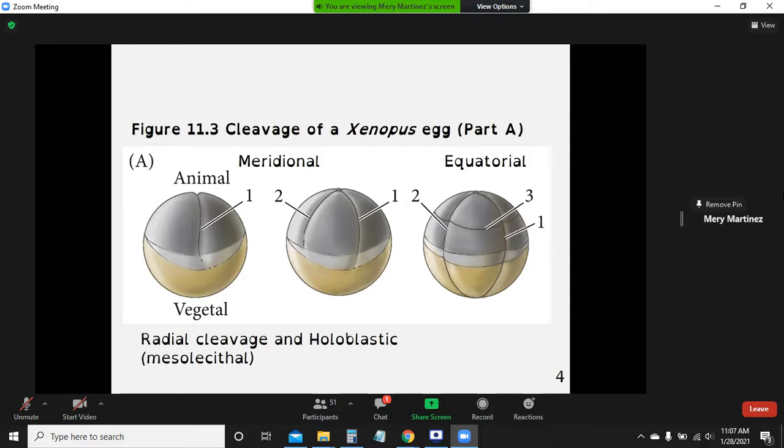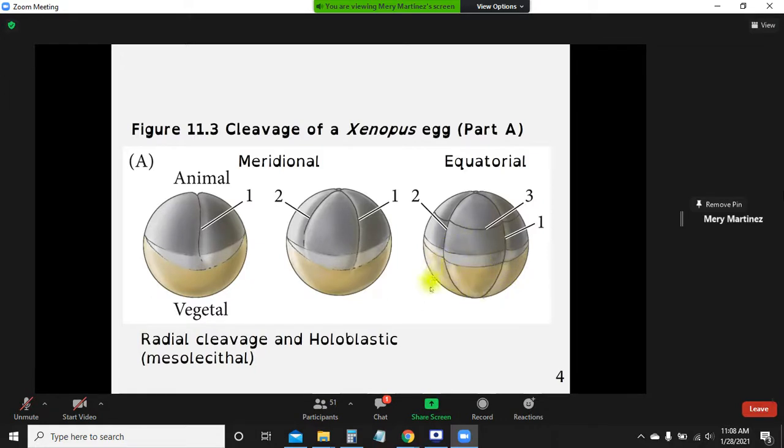So the embryo after the third division is composed of 4 similar cells, okay, here, that we call the micromeres at the animal pole. This is a rapid cleavage. And we have 4 larger cells, 1, 2, 3, and 4 on the other end, that are called macromeres in the vegetal pole.